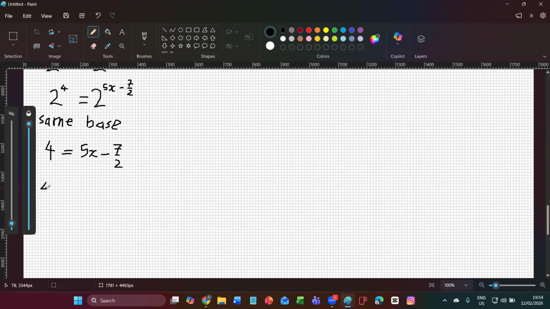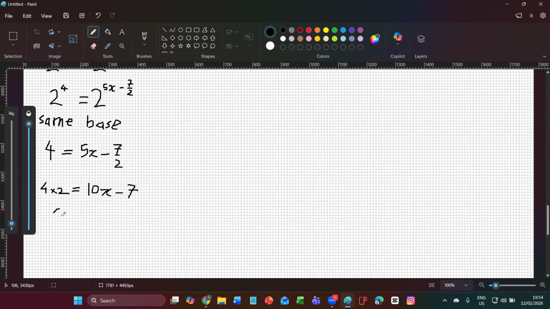So that's going to be 4 times 2, and multiply all the terms by 2, this one will become 10x, and that guy will be just 7, because the 2 cancels 2.